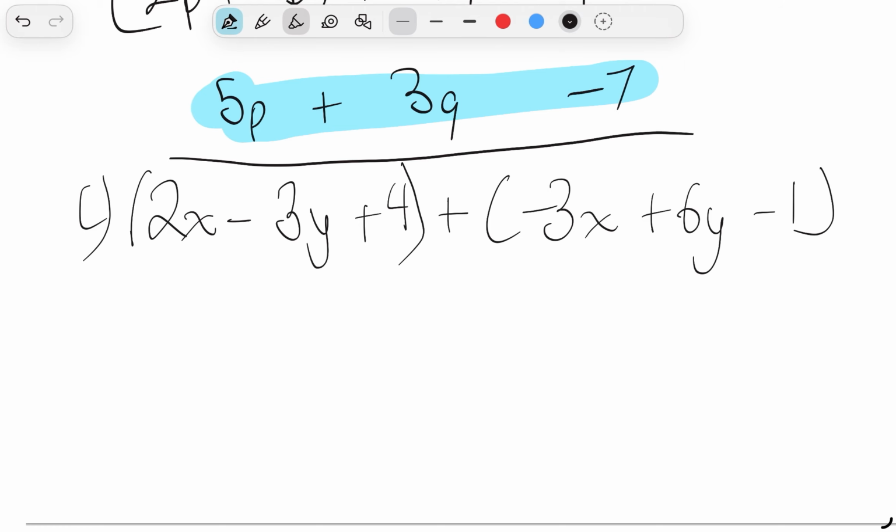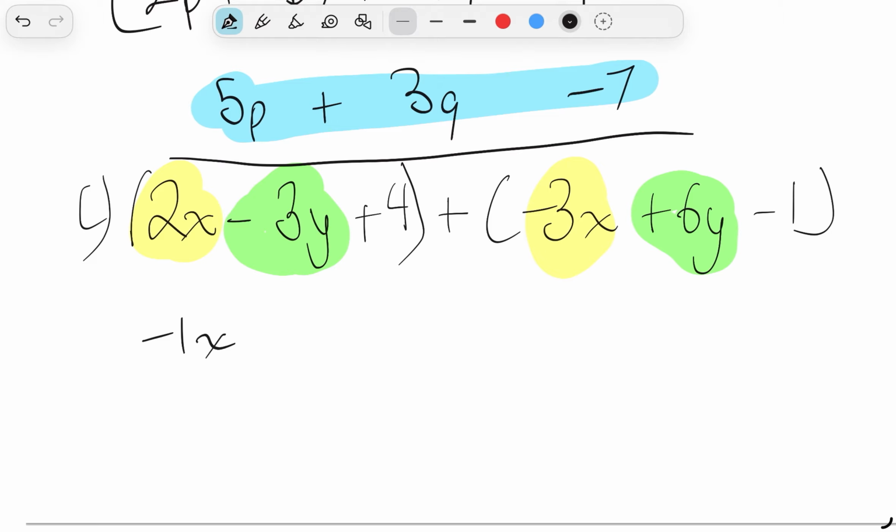Obviously what we have to do is find our like terms. We've got 2x and negative 3x. We've got negative 3y and positive 6y. We also have 4 and minus 1. I guess we could highlight them, but they're not really their own separate terms, so we won't. So it is 2x minus 3x, which gives us negative 1x.